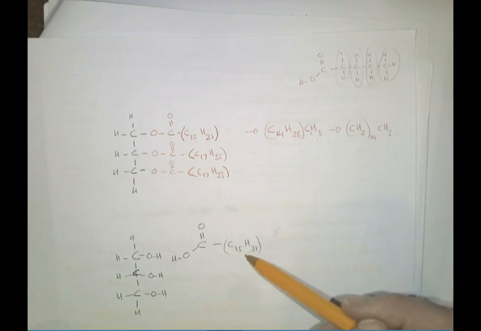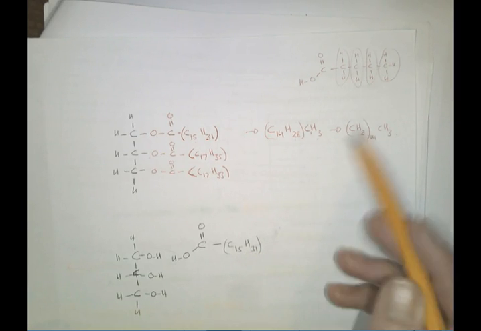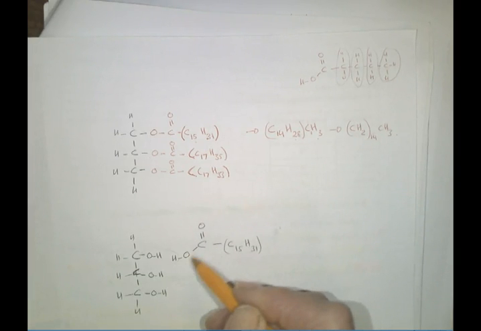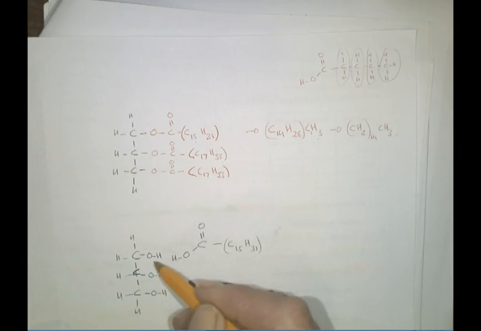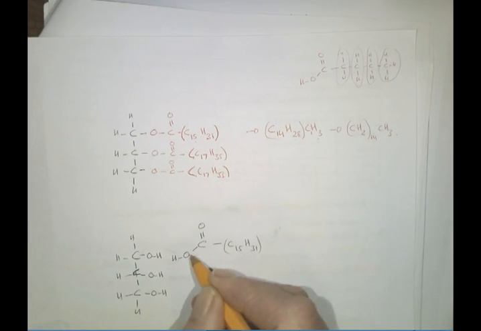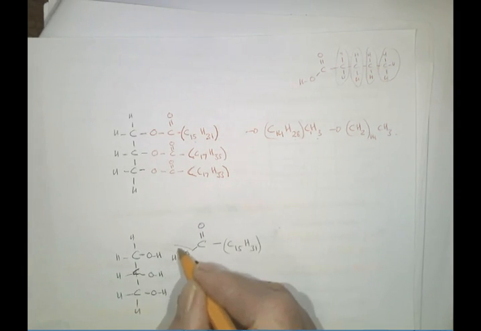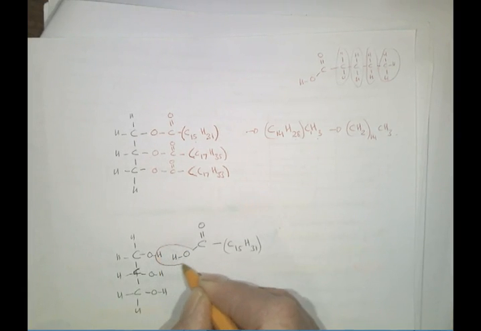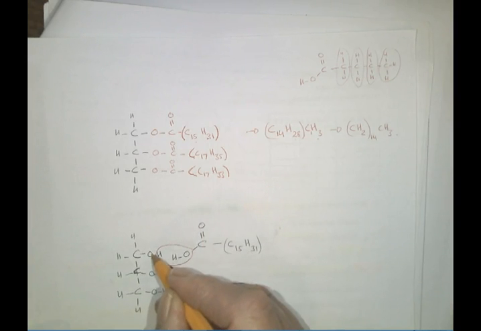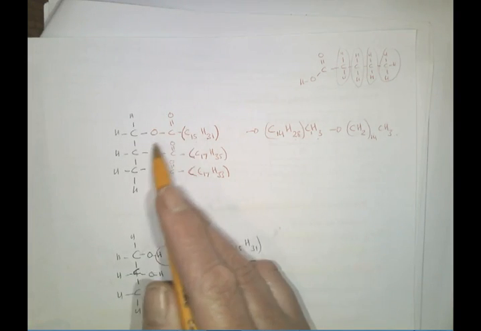So for C15 you'd have 30 hydrogens plus 1 extra for the end. And you've got your carboxyl group and your hydroxyl group. So when these get together you're going to make water. By the way, this will come off, and you'll be left with the COO, so the ester pointing in that direction.